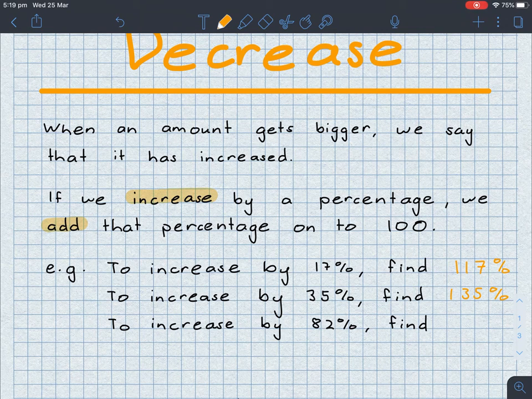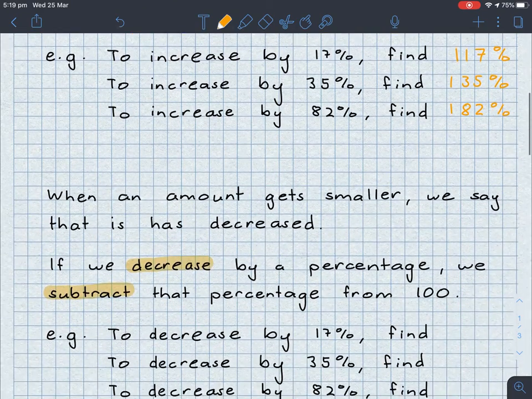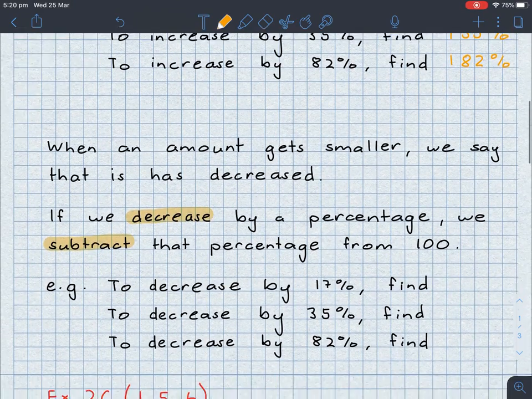If we want to increase by 82%, we're going to find 182%. So we're adding that percentage on to 100, and then later in the notes I'll show you what we do with it then.